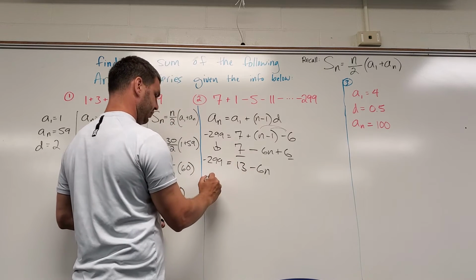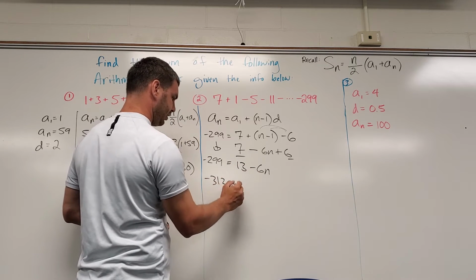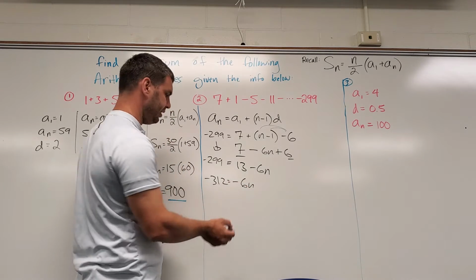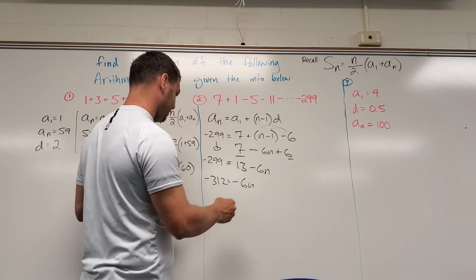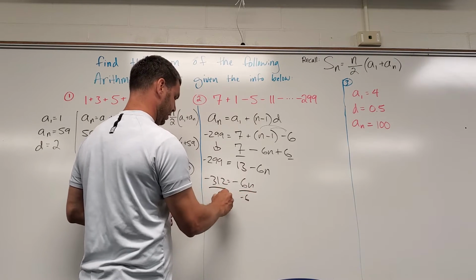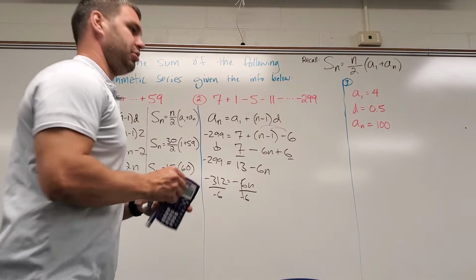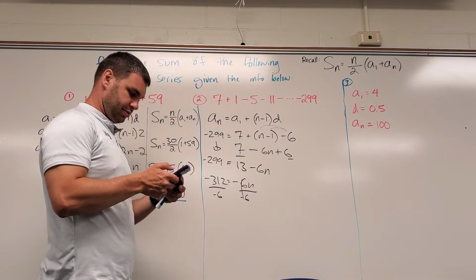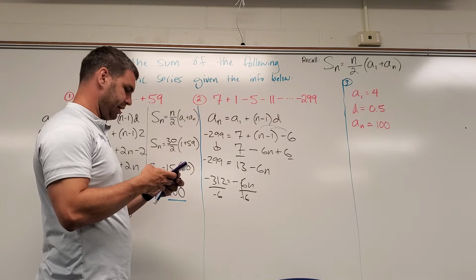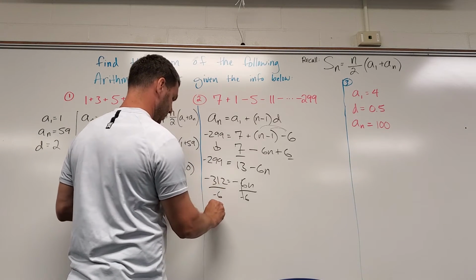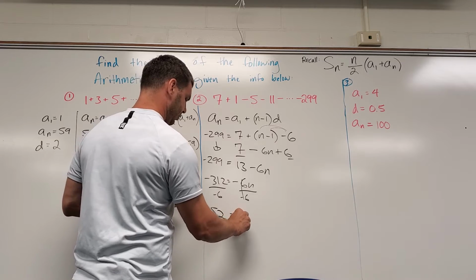Subtract 13 over, that's negative 312 equals negative 6n. Divide by negative 6. I believe that's 52. Let me double check on the calculator here. Divided by negative 6, yes, it's 52. Okay, so 52 equals n.